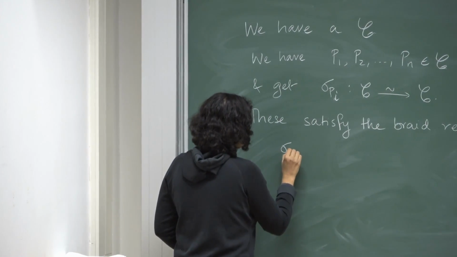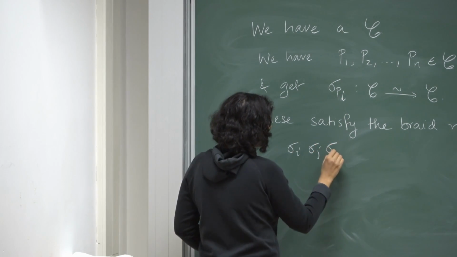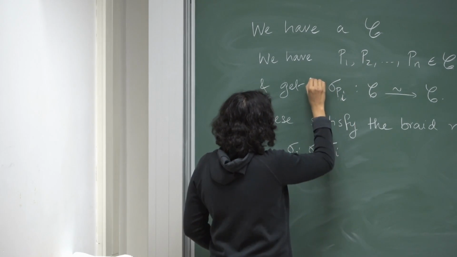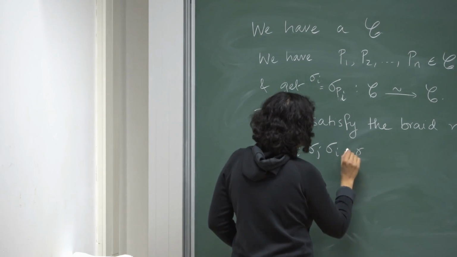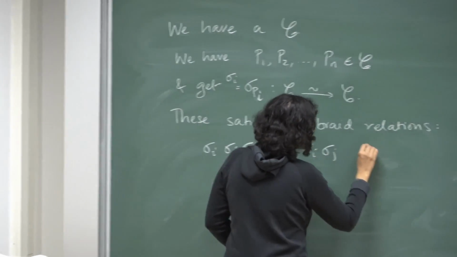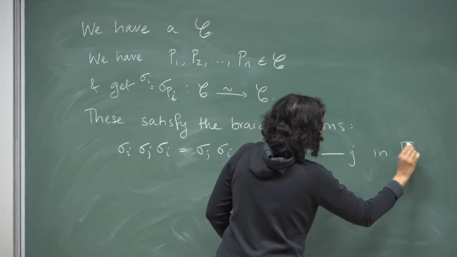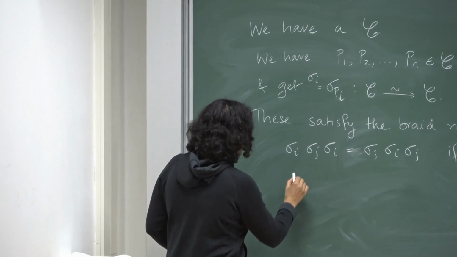I'm going to abbreviate sigma Pi by sigma I, just so I don't have to write that many P's. If I is connected to J in gamma, you have this braiding relation, and otherwise they commute.